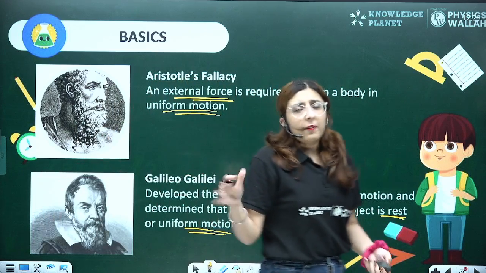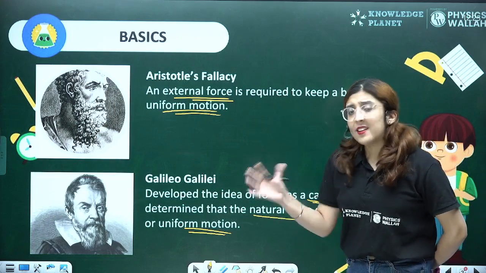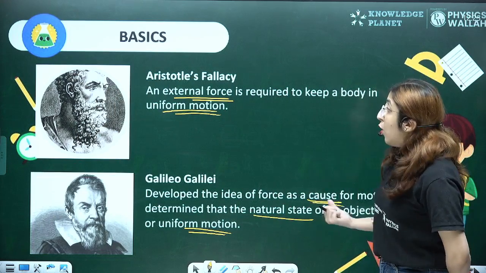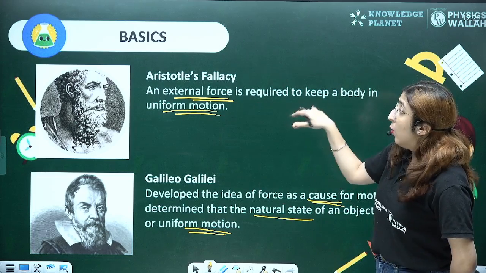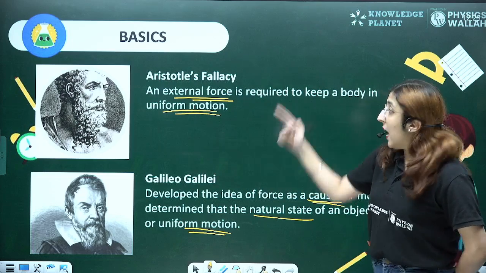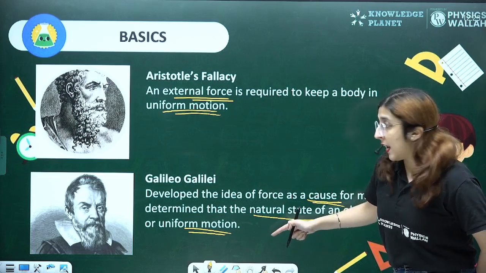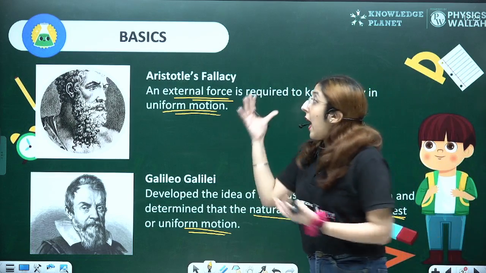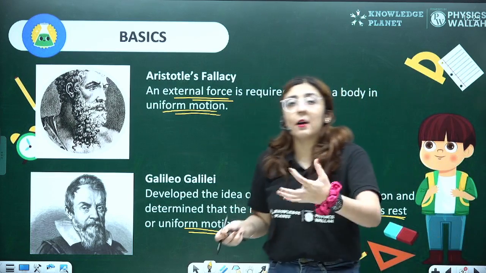Either the object will be at rest or in uniform motion. Certainly these are nothing but natural states. Moreover, Aristotle only said that an external force is required to keep an object in uniform motion. You get the difference between the two? So Galileo, a scientist, and Aristotle, a philosopher, stated something about force.